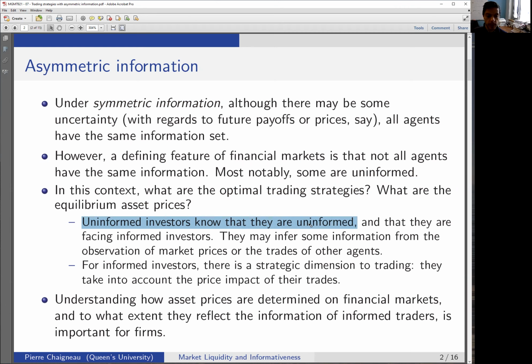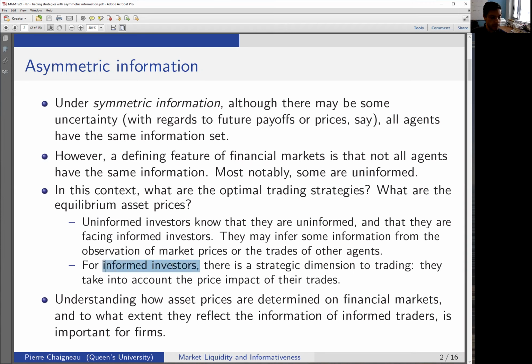So perhaps they'll be able to infer some information, whether from market prices or from observing the trades of other economic agents. Okay, so in other words, these investors are uninformed, but they may still be rational. They may still be able to gather some information from publicly available data.